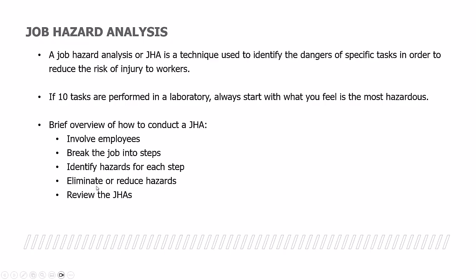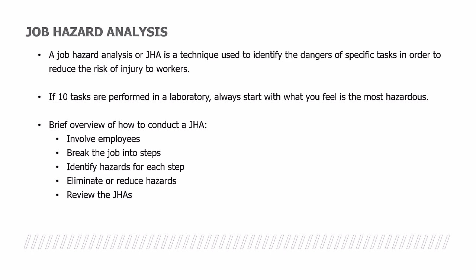The job hazard analysis, the JHA, is a technique used to identify the dangers of a specific job task in order to basically reduce the risk of injury to workers. If you have 10 tasks being performed in a laboratory, for an example, you always start with what you feel is the most hazardous. And once again, one of the things that I cannot stress enough is get your employees involved and break the jobs down into small steps.